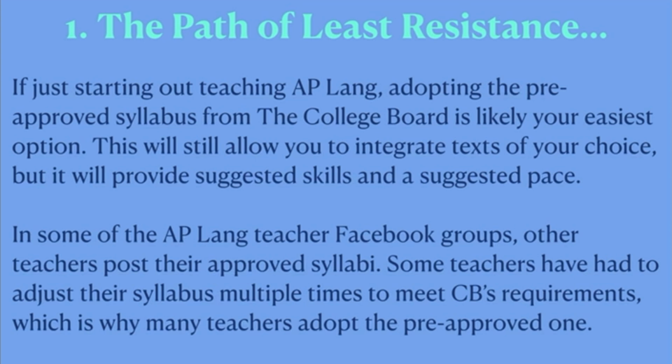But it's a way to make sure that you're focusing on the skills and the right progression of skills. So if you feel overwhelmed, or if you're just not sure which text to teach, I would definitely recommend starting out with the units and seeing what they did on that pre-approved syllabus. But if you want to start from scratch and do your own thing, that's totally okay as well. Just know that sometimes that process does become a bit trickier.